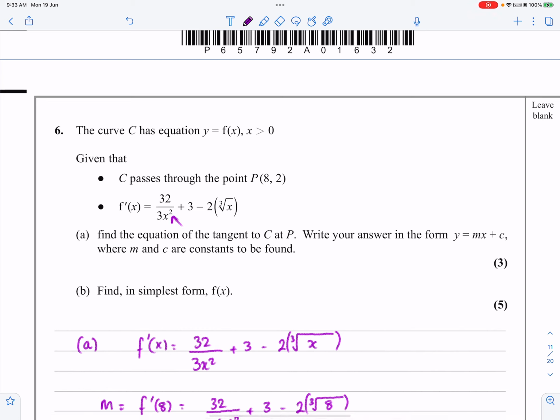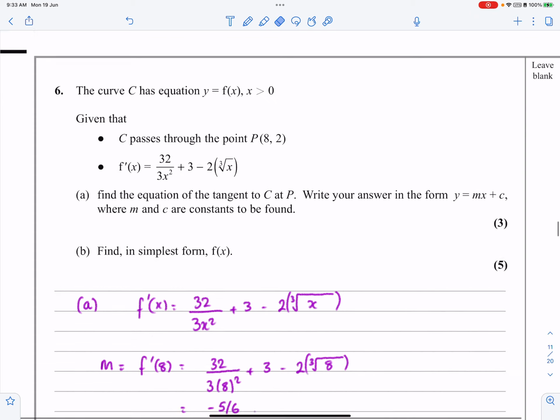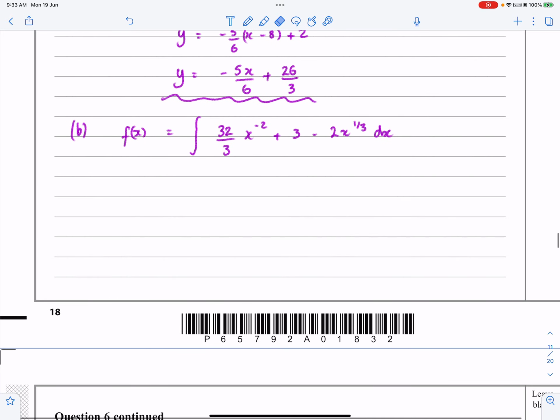I've just described that as x to the minus 2, and that as x to the power of a third. Definitely you should be able to work with fractional and negative indices like that. So f(x) is going to be the integral of that. We add 1 onto the power, and then we divide by the new power. It's going to give me that.